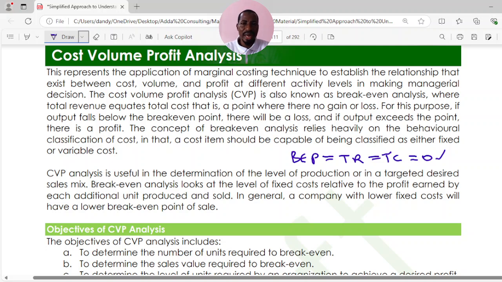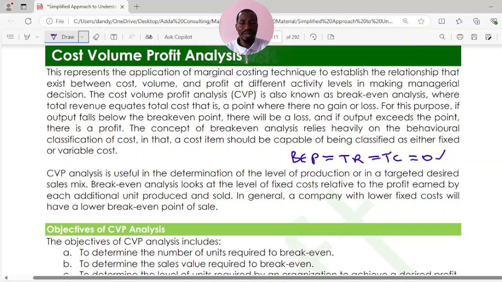I listed about 9 areas in which you can apply the marginal costing technique to aid managerial decisions, including CVP analysis.